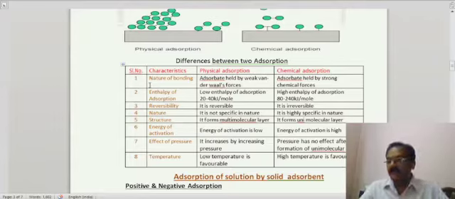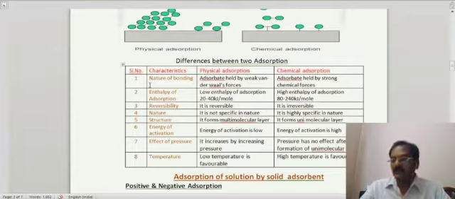But in case of chemical adsorption, one surface is meant for only one type of adsorbate molecule, so it cannot take other molecules on the surface. For example, tungsten can adsorb only hydrogen. Platinum and nickel can adsorb only hydrogen, whereas nickel cannot adsorb CO2 gas or ammonia gas. That is what is highly specific in nature.